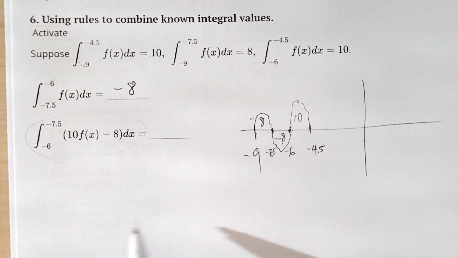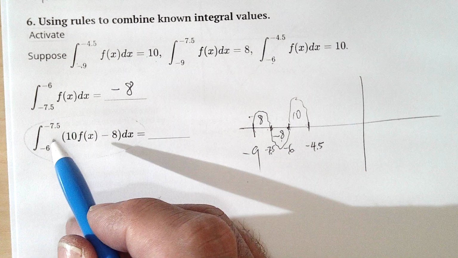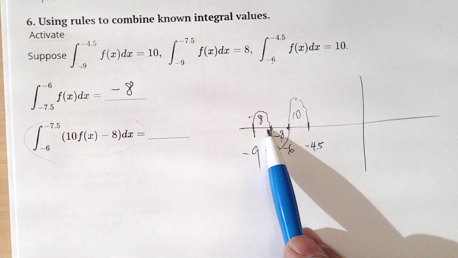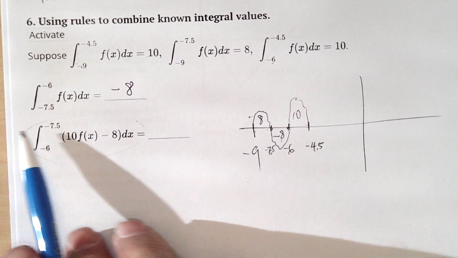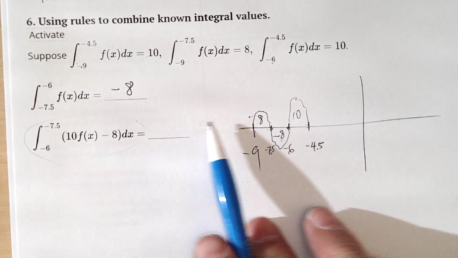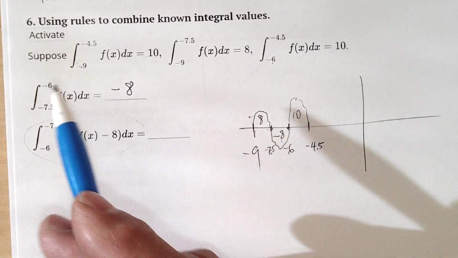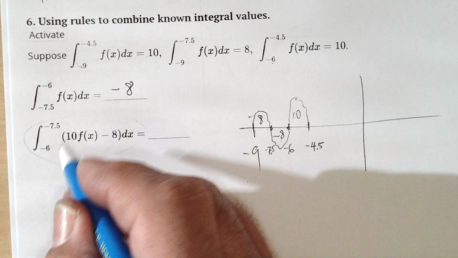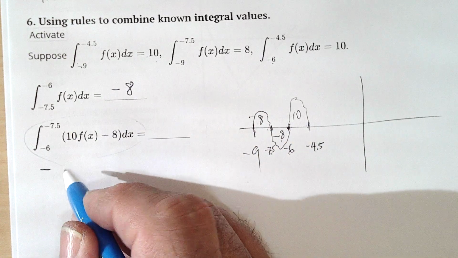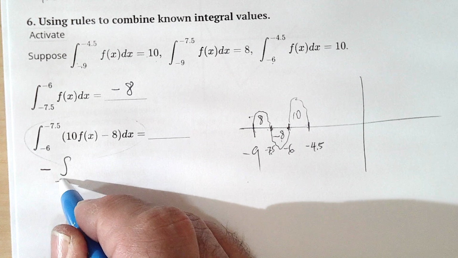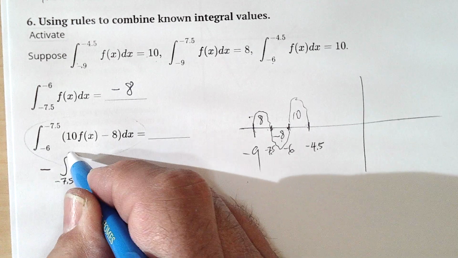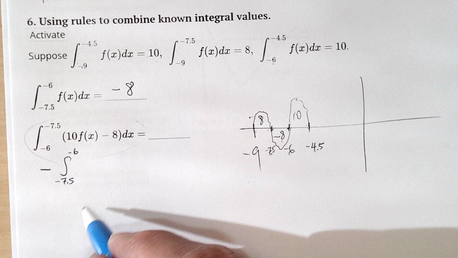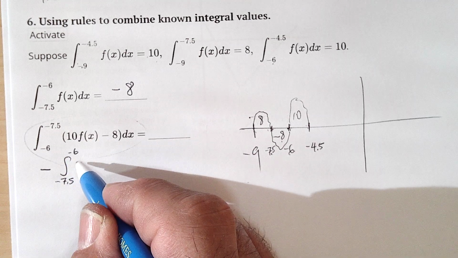So now let's take this apart. From -6 to -7.5 is backwards. We're supposed to read intervals left to right. If it's backwards, it changes its sign. So I'm going to rewrite this as the negative of the integral from -7.5 to -6 of 10 times f of x.